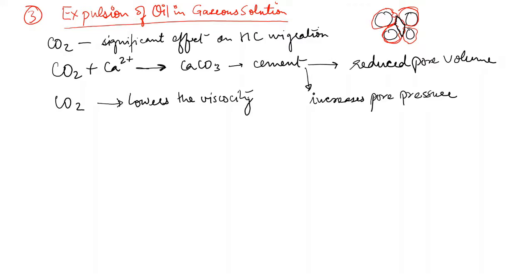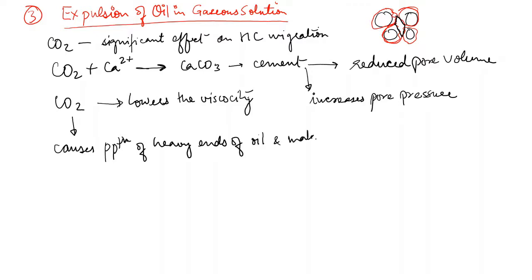Understand this: CO2 causes precipitation of the heavy ends of oil. Heavy ends of oil means the asphalt, graphite, grease; all these are precipitated out and make the residual oil, the oil in which we are interested, lighter.